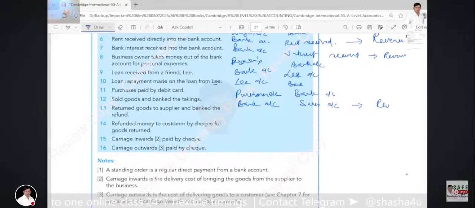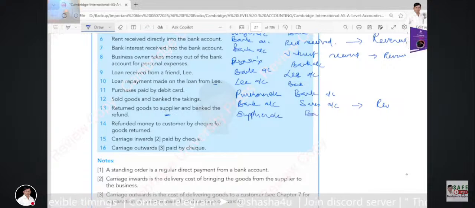Return goods to supplier and bank the refund. So you are returning the goods to the supplier. The supplier is receiving, so you will debit the supplier. And money will go out from the bank.